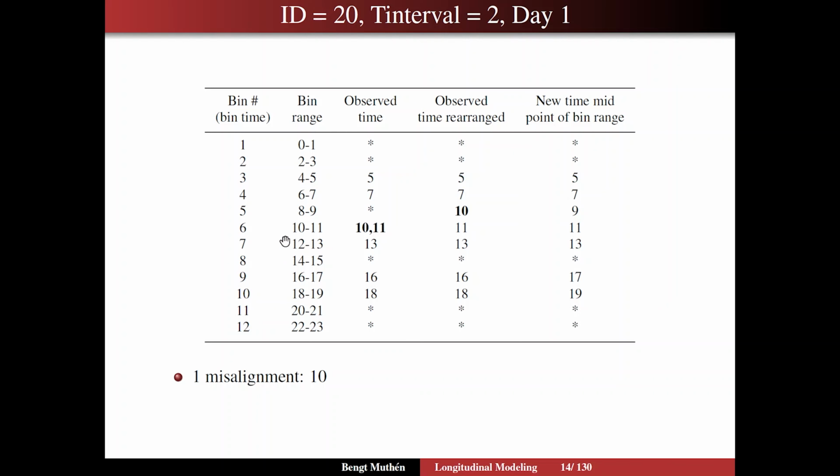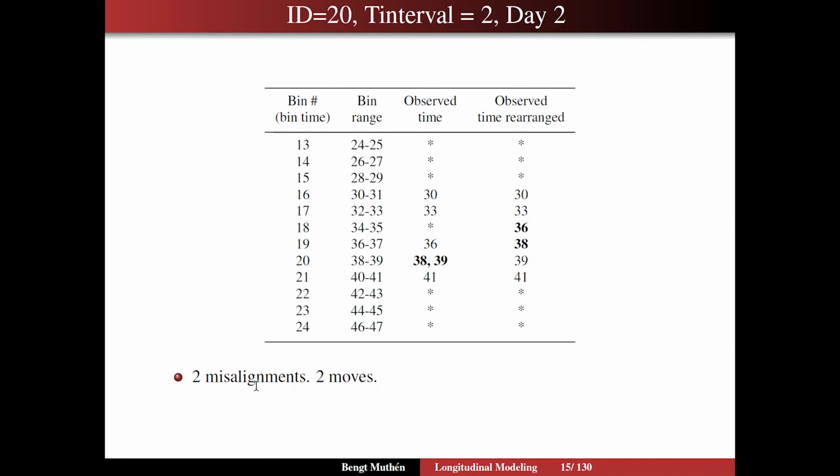But if you go to slide 14 and person 20, with that same time interval 2, you will have 2 measurements falling into one bin, and you have to move the one measurement to an earlier empty slot, so 1 misalignment.